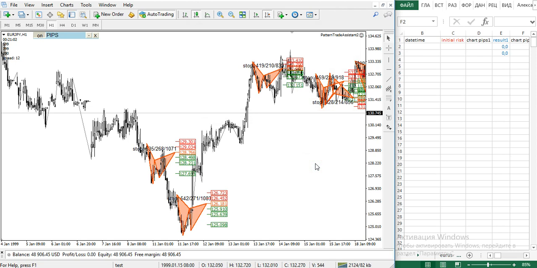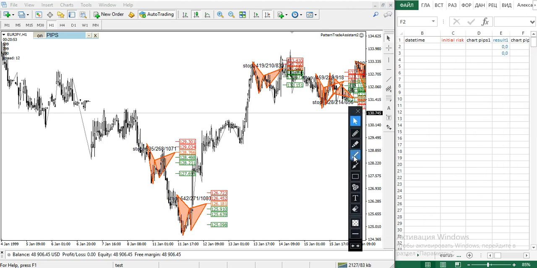Okay, well, what else? Maybe something about rules. Okay, so we have a pattern, yes, like this, and it has 1, 2 red levels, 1 orange level, and 1, 2, 3 green levels. So what are these levels?